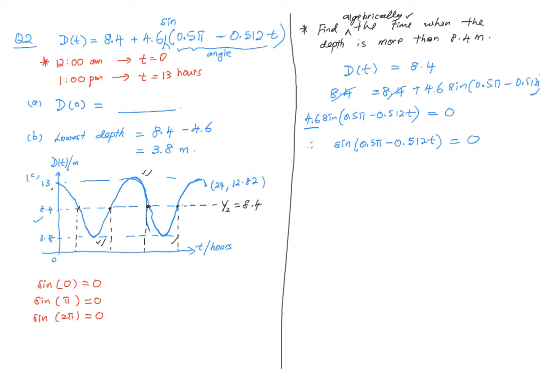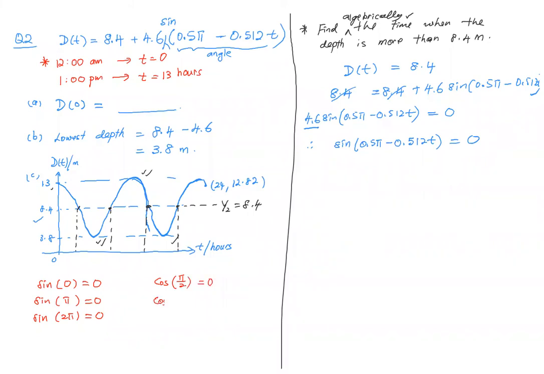Okay, how about for cos? Cos of what angle equals 0? Please tell me. You better record this down. I tell you, this will definitely come out in your exam. Yes, cos pi over 2 equals 0.